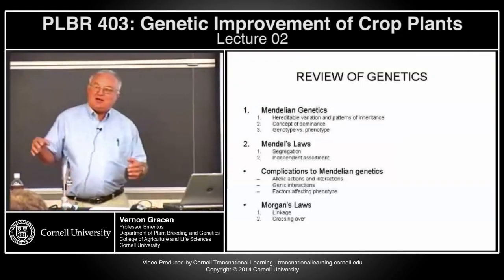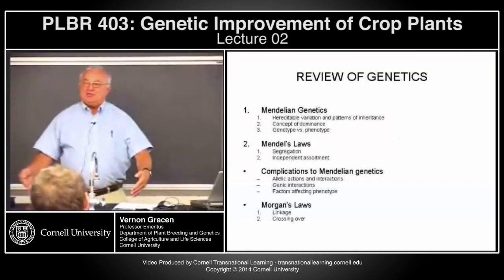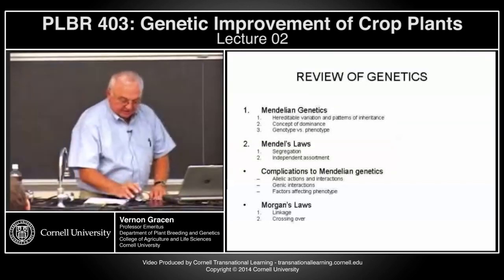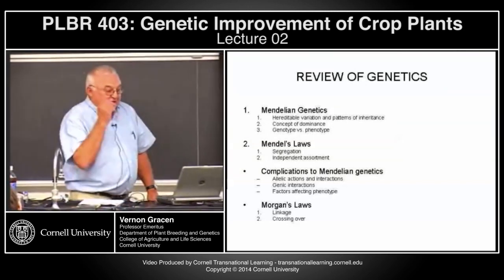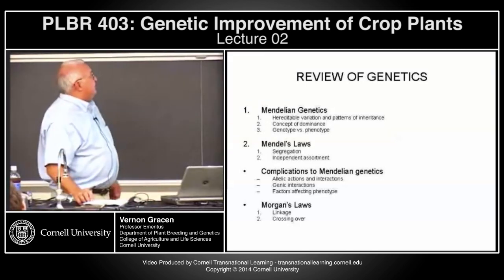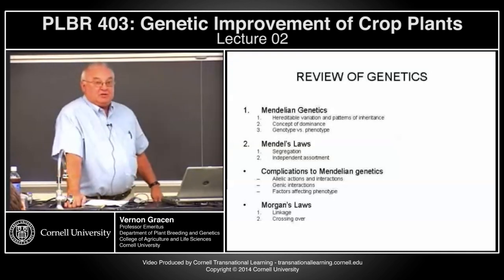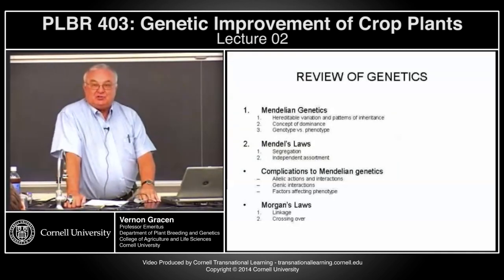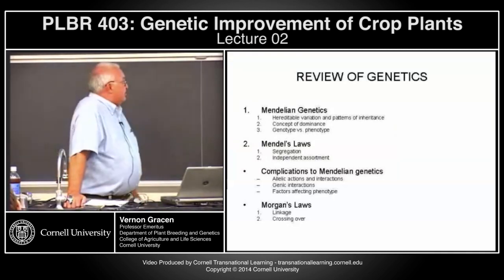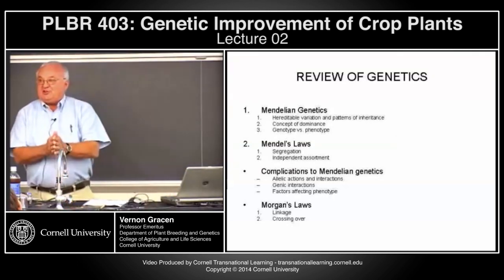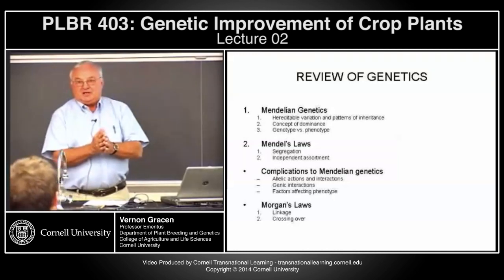Biases and my comments on why some of these topics are important for plant breeding. So today on Review of Genetics, we'll talk about Mendelian genetics, of course, and Mendel's laws, but then we'll talk about some complications to Mendelian genetics, and then we'll talk about what I've listed as Morgan's laws, and we'll explain that when we get to it.